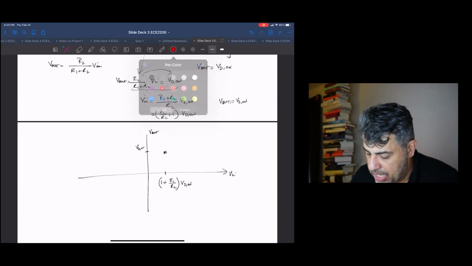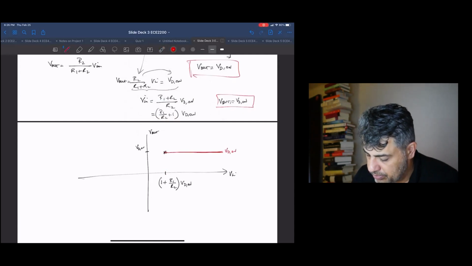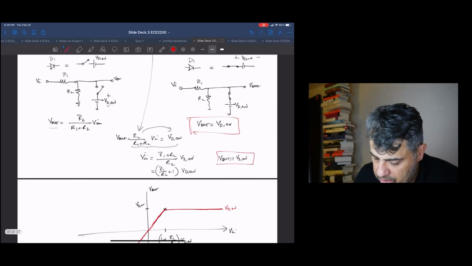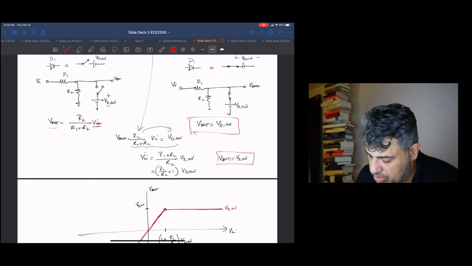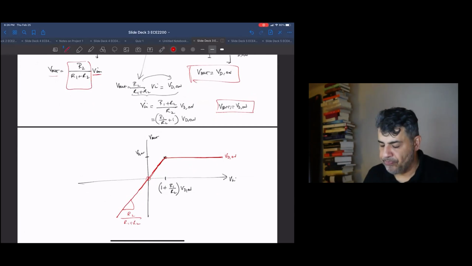Anything past this point is going to be V out equal to VD on. And anything below this point is still going to go through 0, because at V in equal to 0, V out is going to be 0. So it's still going to go through 0, 0, and the slope is going to be R2 over R1 plus R2, which is this guy. Does that make sense?